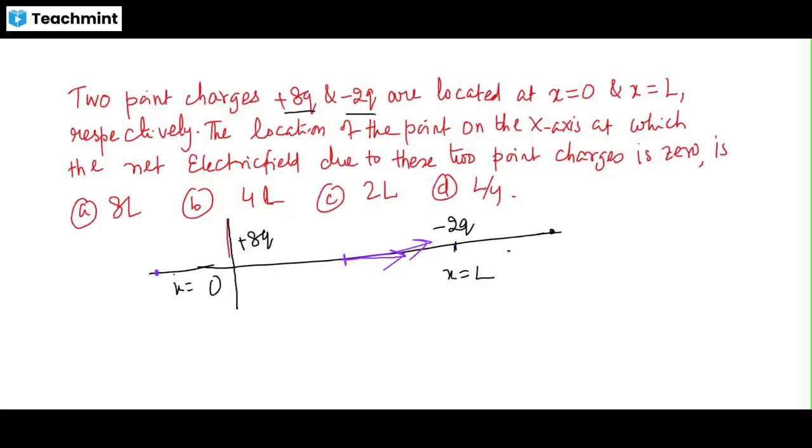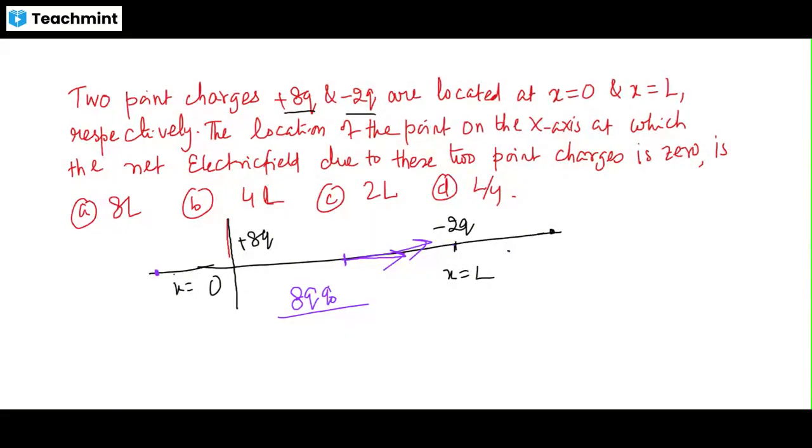The bigger charge with the smaller distance cannot be nullified by a small charge having a larger distance, because they are reciprocally related. Understood? Write 8q and the test charge q naught.